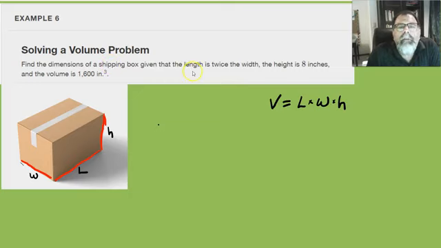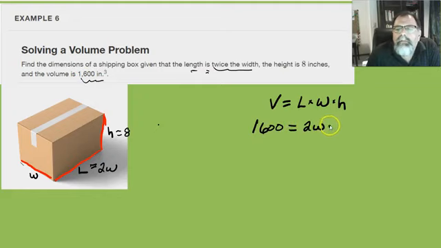The length is twice the width. The height is just straight given to us as 8. Okay, so now let's plug in the volume, 1,600 cubic inches. The length is 2W times W times the height, which is 8.